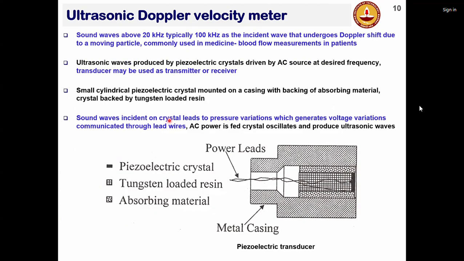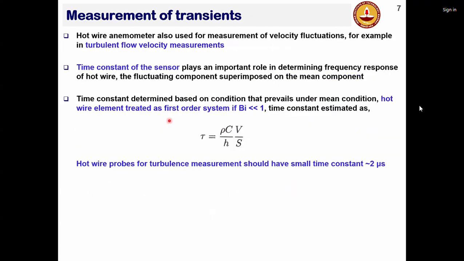The mean flow gives a low frequency component with an almost stable output E, but the high frequency component comes from the fluctuating component of velocity, which leads to a large fluctuation in the output voltage.